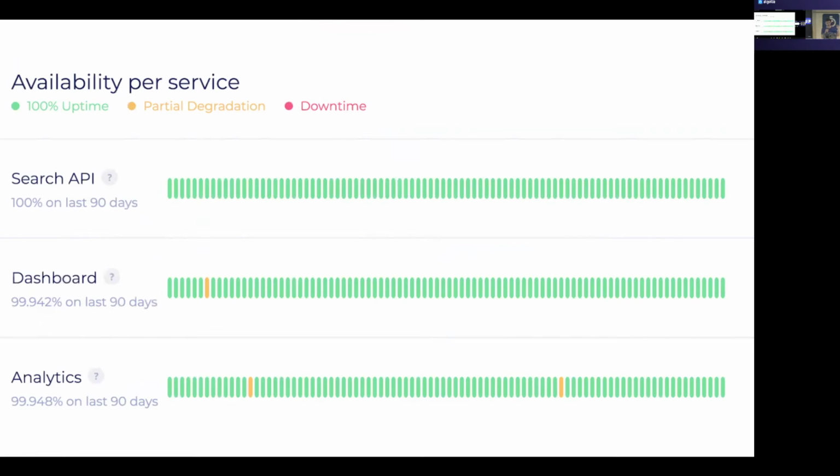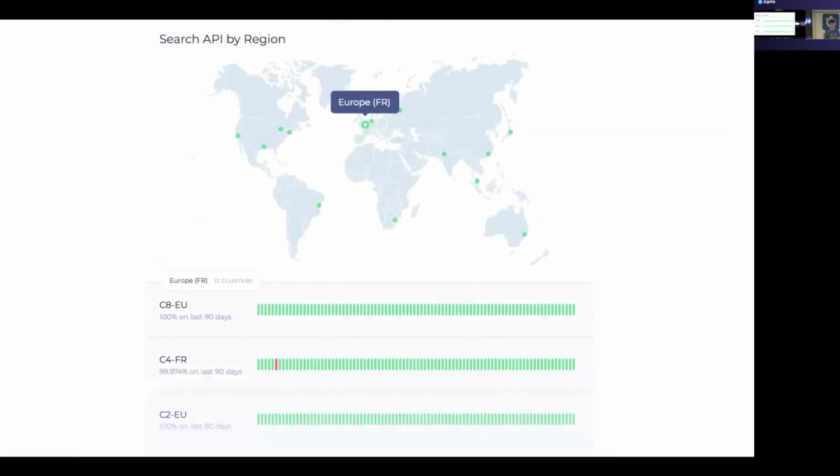Here you see the search API, which is the main service we sell. Then we've got the dashboard, which is the web part, and the analytics, which does analytics. The search API is a bit more complex because it's not one system, it's multiple systems. We have a specific page related to each region and each cluster.